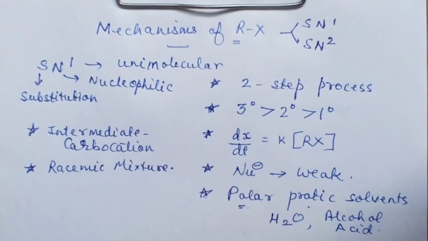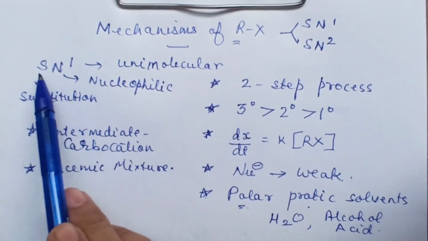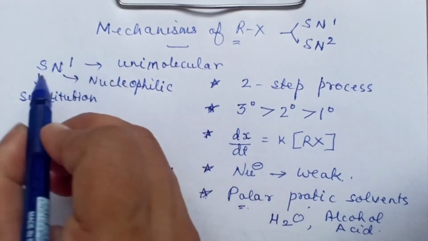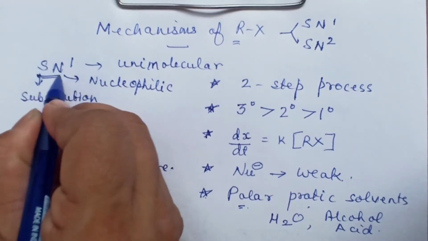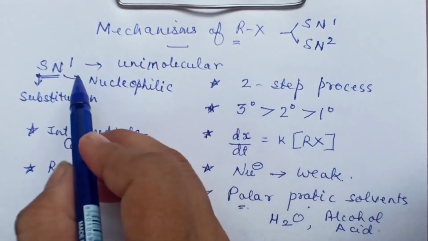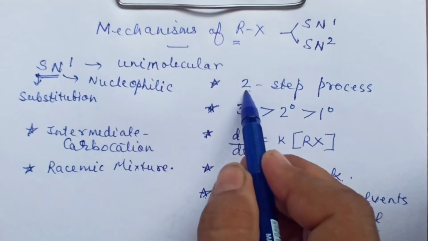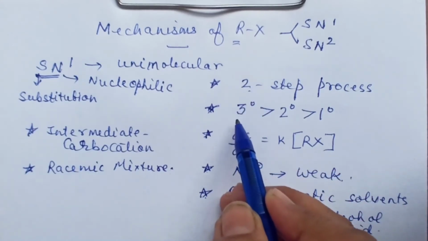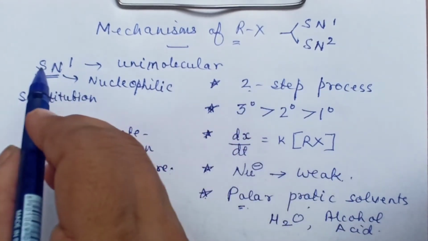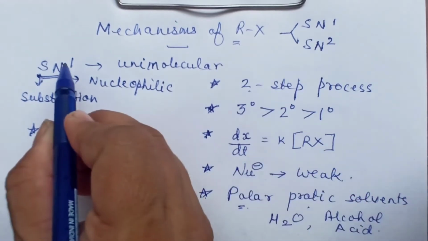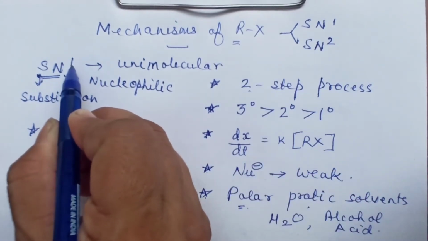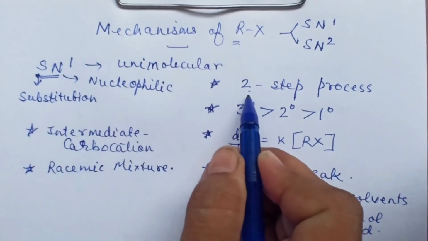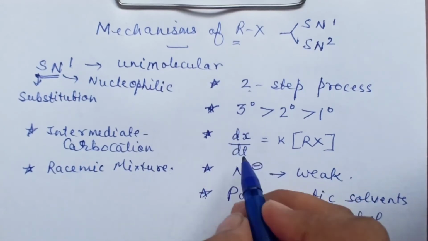Just quickly note this down. Whatever we have discussed: substitution, nucleophilic, unimolecular. This is the split up, and you can remember it like that. SN1 is 2-step and 3-degree will have the maximum tendency. So SN1, reverse: 2-step process, and 3-degree has the maximum tendency.